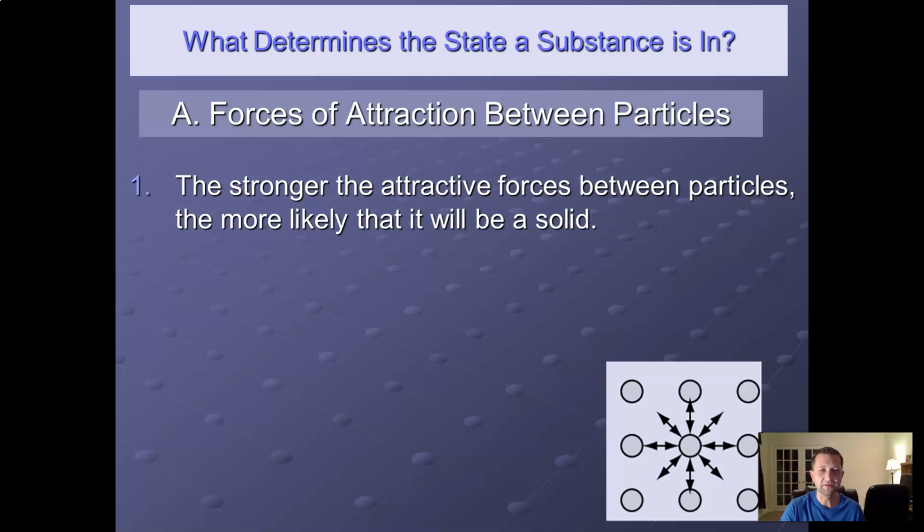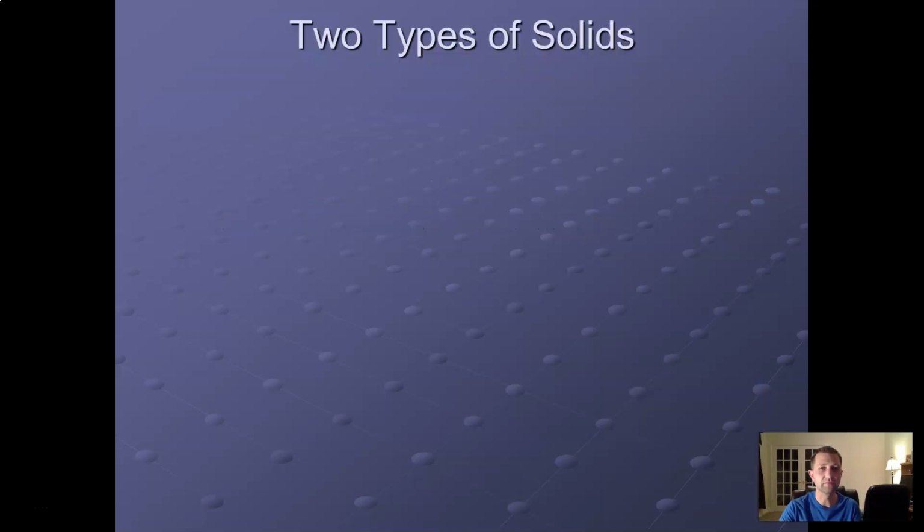That makes sense, right? If you have particles that are relatively attracted to each other, they're going to be closer together. And if you think of our particle representations of solids, liquids, and gases, solids have their particles close together, liquids are a little bit further apart, freely flowing, and gases are obviously very far apart.